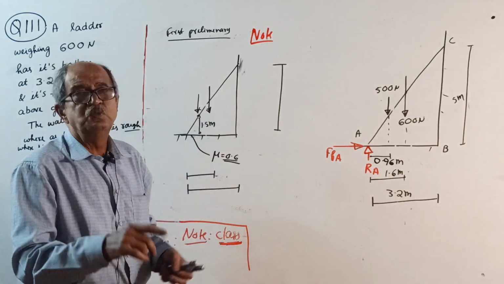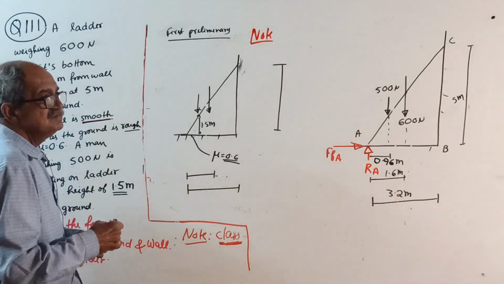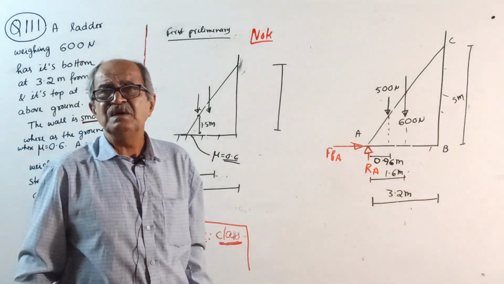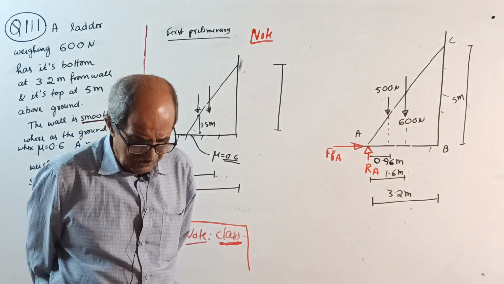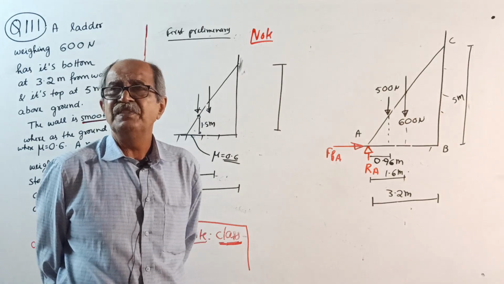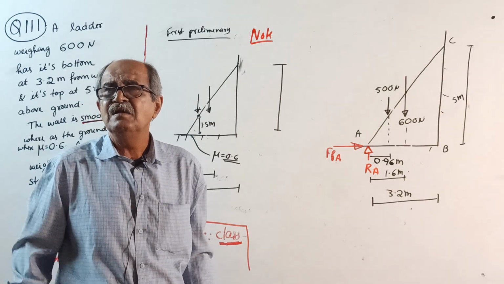The wall is given smooth. Smooth is very, very important. I will tell you why. And you are asking us, a person is standing somewhere, what forces are acting on the ground and wall? Yes, he will tell, I have given it that way. Sir, it is not limiting. He will tell, who told it is limiting?